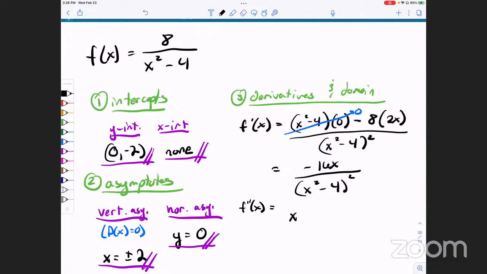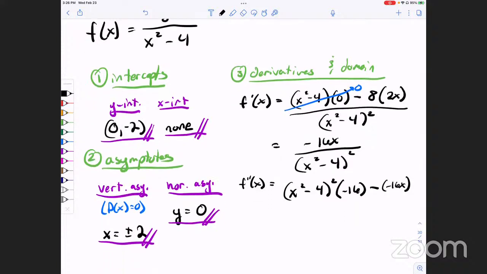We're going to say the bottom, which is this, times the derivative of the top, which is going to be times the negative 16, minus the top, which is going to be 2 times x squared minus 4 times 2, over the bottom squared, x squared minus 4.